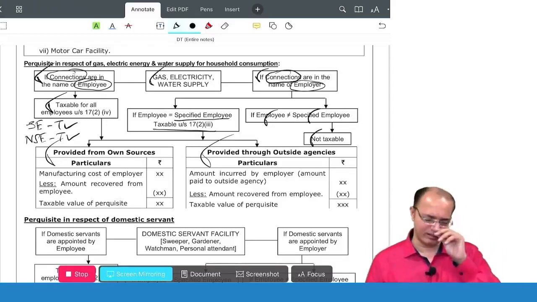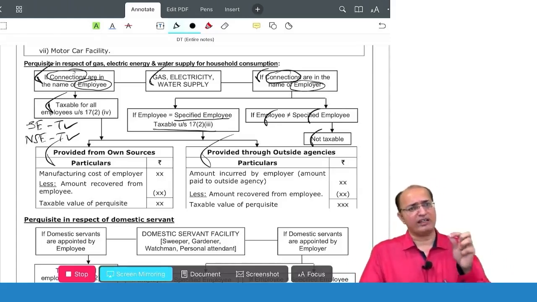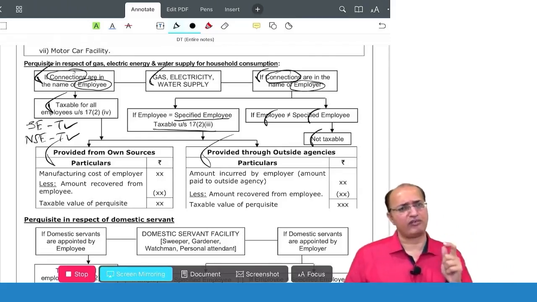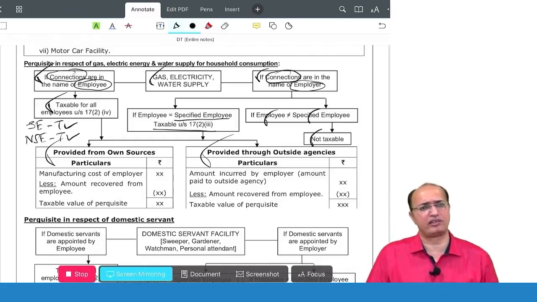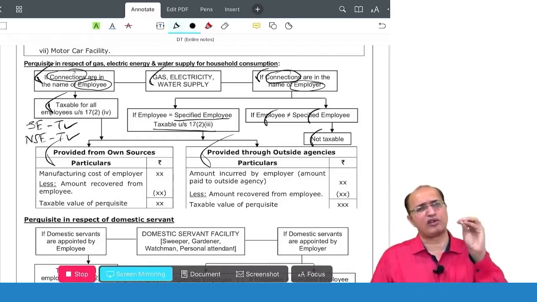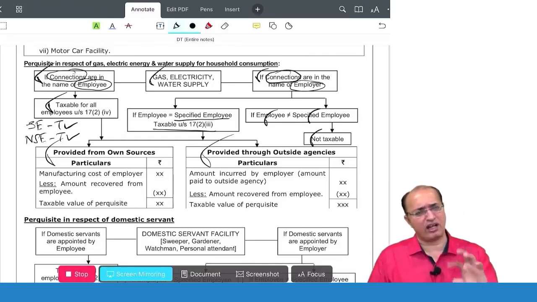But my question to you is, say for example, 1 unit of electricity is generated or manufactured by Tamil Nadu Electricity Board at a cost of 5 rupees. The generating cost is 5 rupees per unit.